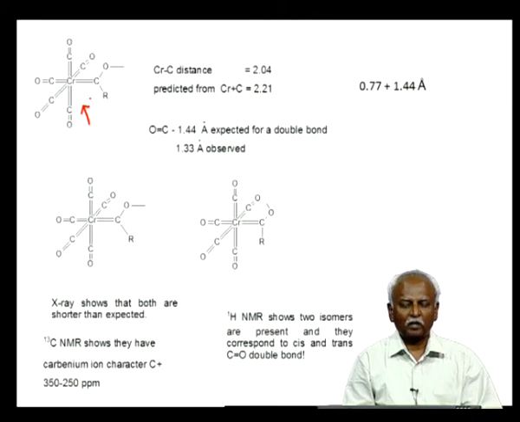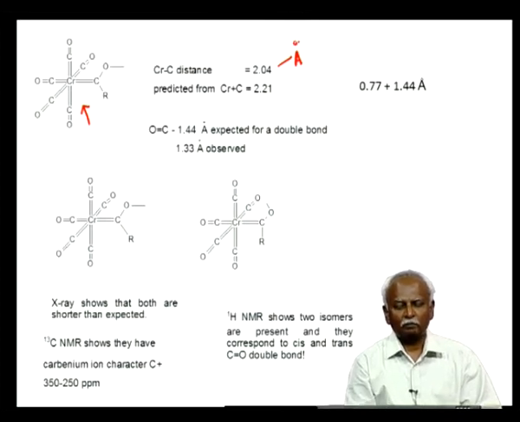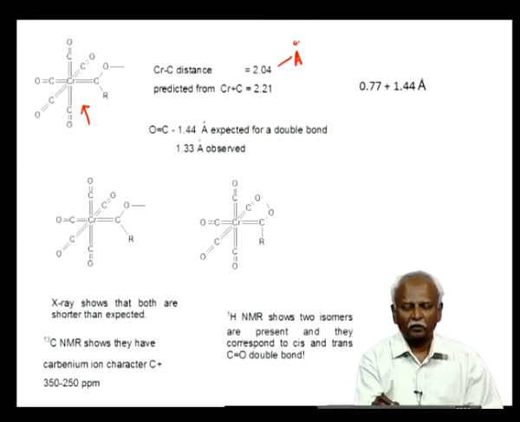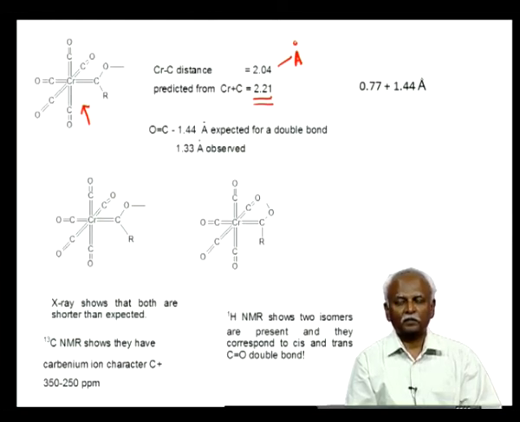So, the chromium carbon distance, for example, in this case is 2.04 angstroms, and this 2.04 angstroms is much less than what you would expect for a single bond. I want to emphasize this fact, because we are going to look at some more complexes today, which will have bond distances which are less than what you would expect, but they may not be perfect double bonds.